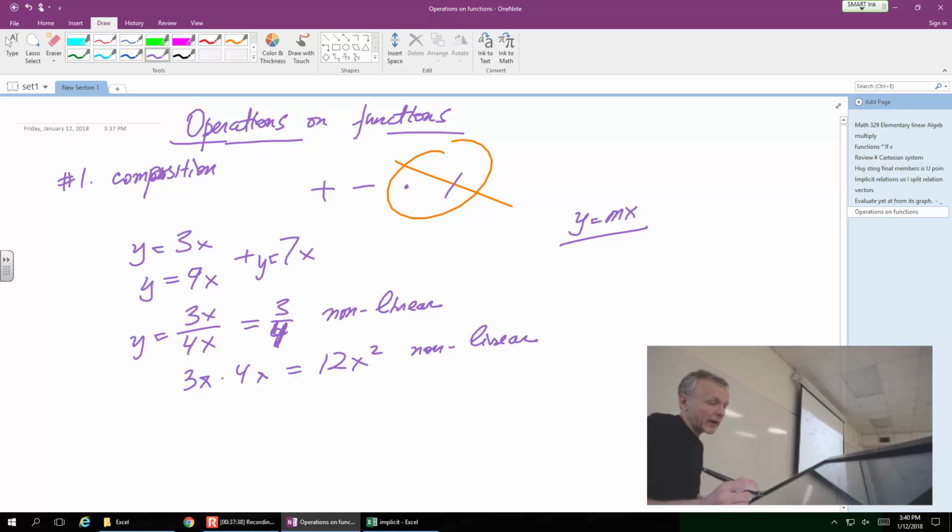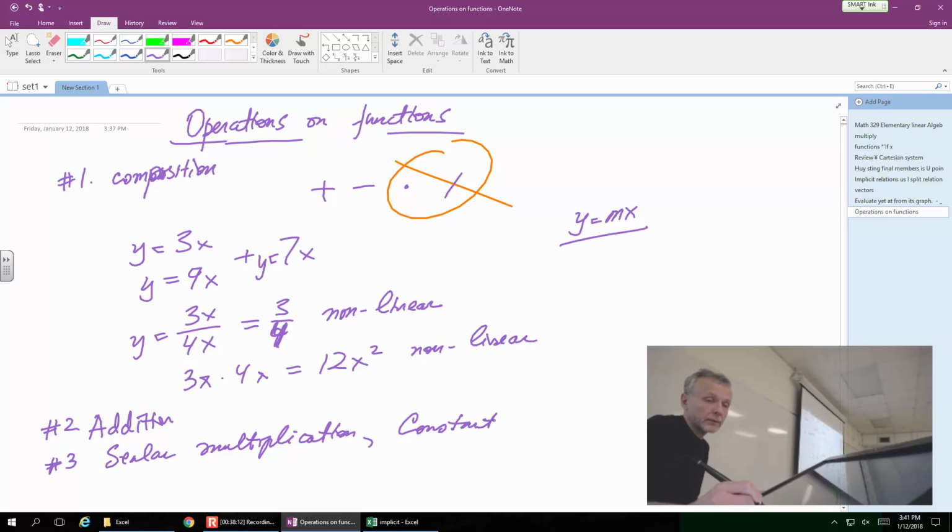There is, however, one kind of multiplication that is allowed. We are allowed to multiply a linear function by a constant. So that makes pretty much 2 operations still available. Addition, I don't want to include subtraction. So let's say number 2, addition, and number 3, scalar multiplication, or another, maybe a better and more familiar term, constant multiple.